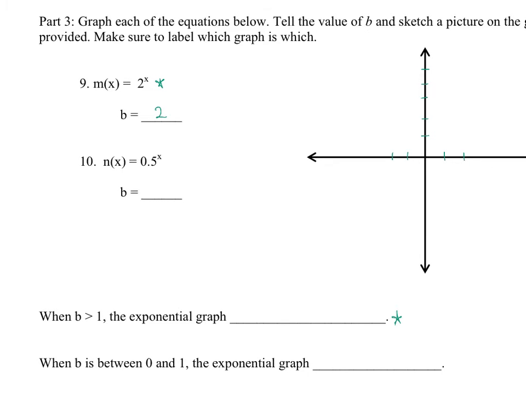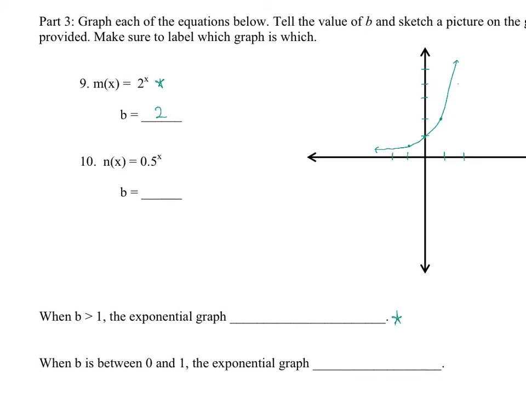Okay, so if I had the point, let's see, so we have 2 to the x. We actually have this above. So we have negative 1, 1/2. We have 0, 1, and 1, 2. We'll just use those simple values right there. We could do 2, 4 if you want. All right, so that's our original one.